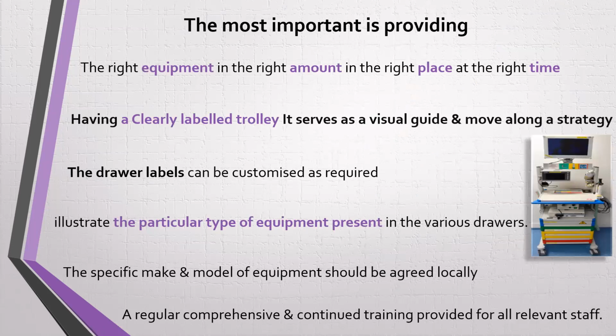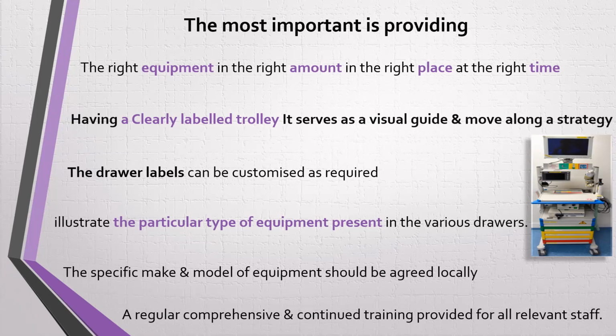So the most important thing is providing the right equipment in the right amount, in the right place at the right time. So having a clearly labeled trolley is mandatory. It serves as visual guidance and prompts one to move along a strategy if not making progress.